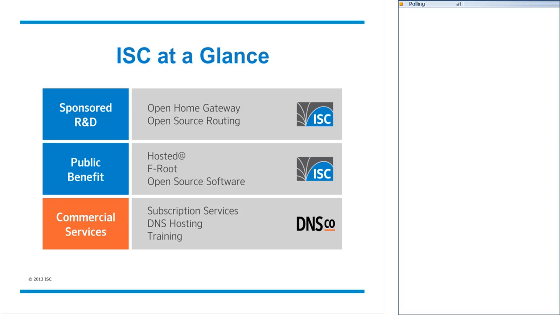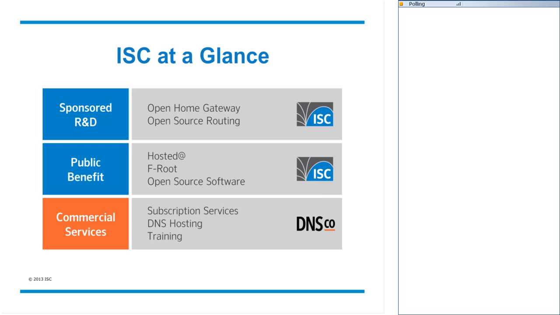So most of you know ISC based on our public benefit work, and the one you most likely know about the most is our open source software development. So we are the authors and maintainers of BIND and ISC DHCP, along with some other open source software. The other one that people know us for is we are one of the operators of one of the 13 root name servers.